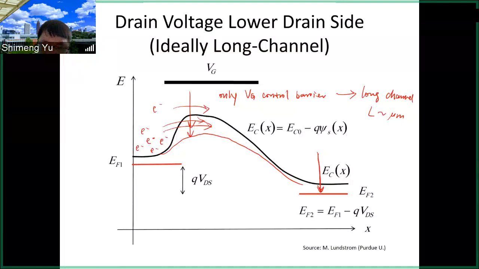Because the drain is far away. So the drain voltage, even if you change it here, will not affect the barrier height for the source because it's so far away. So the ideal transistor is a gate controlled device only. So only the gate can turn on the switch and you can have the current.